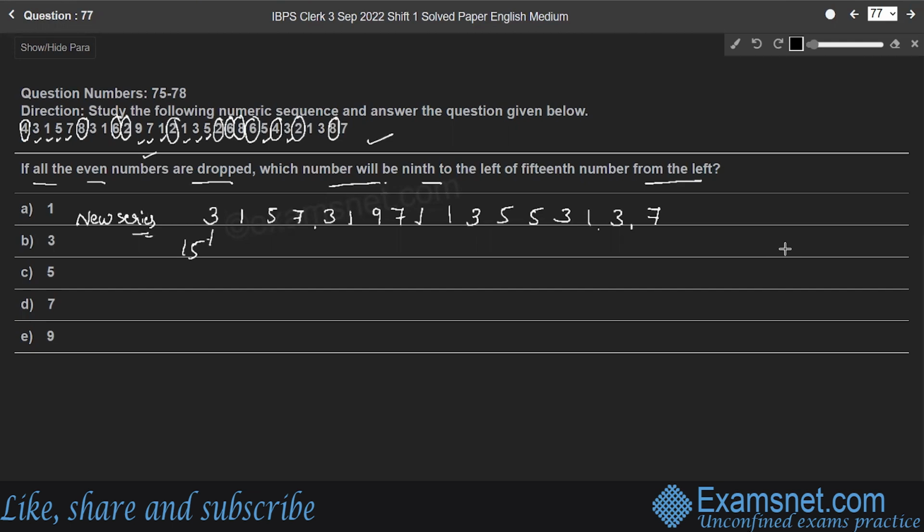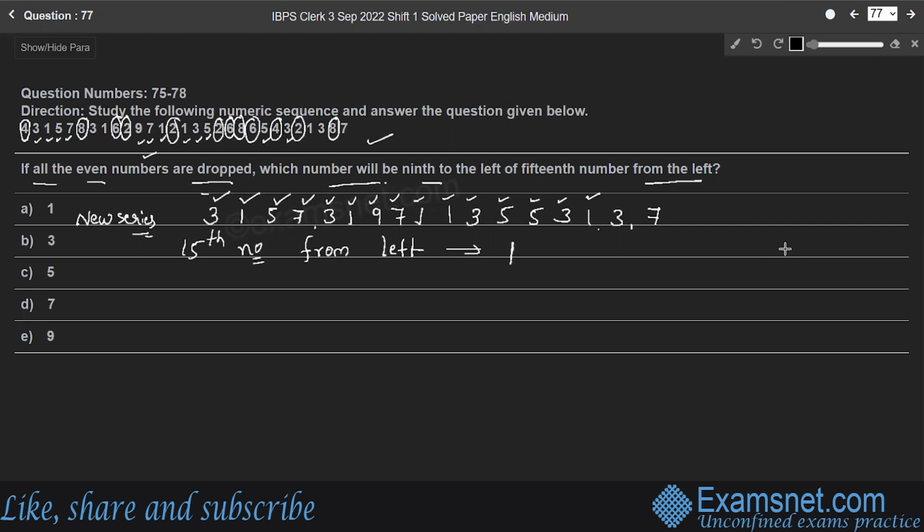Here first let us take the 15th number from the left in the new series. So in the new series from the left, the first number is 3, second is 1, third, fourth, fifth, sixth, seventh, eighth, ninth, 10th, 11th, 12th, 13th, 14th, 15th number is 1.